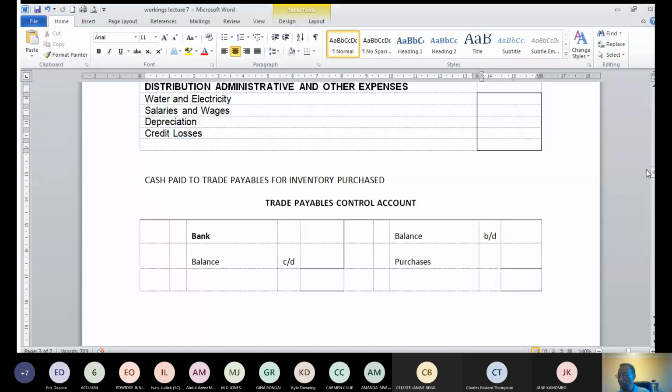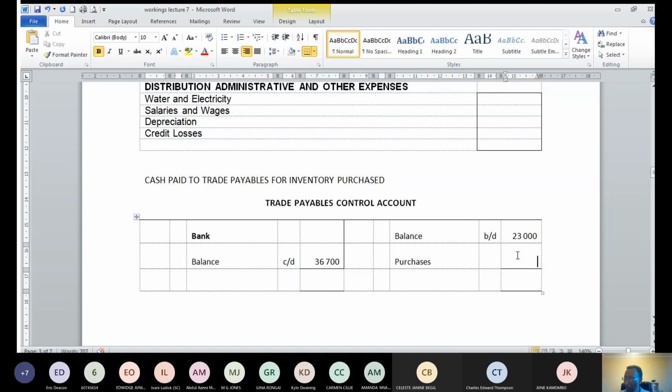From the information given to you, your trade payables, remember, is a liability with a credit balance. The opening balance in 2019 was the amount of 23,000. The closing balance, as per the example, is the amount of 36,700.